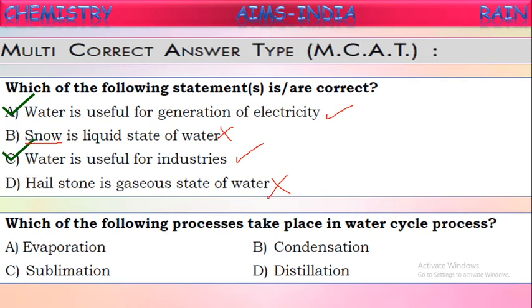Okay, next one. Which of the following processes take place in the water cycle? What is the water cycle process? The water cycle is the continuous conversion of water from one form to another in the atmosphere by its own nature.